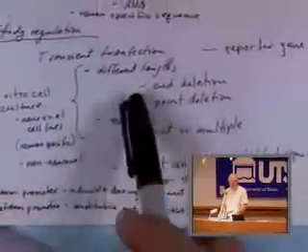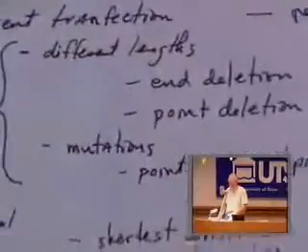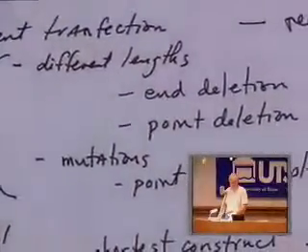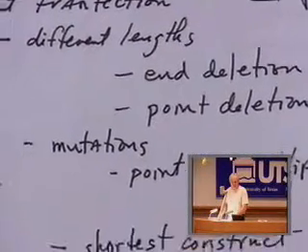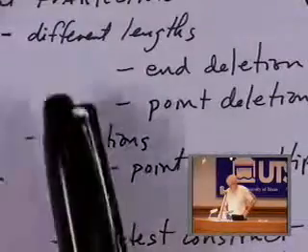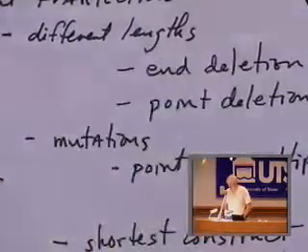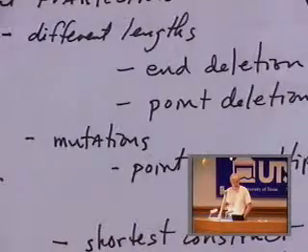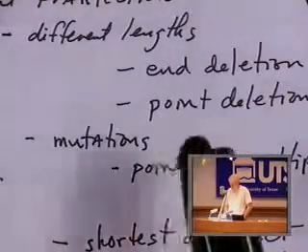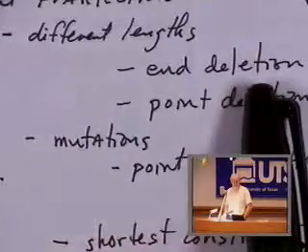As we had said, you can utilize different lengths. So since you're able to synthesize the promoter region because you've sequenced it already, you can perform studies called truncation. You can truncate it with an end deletion.